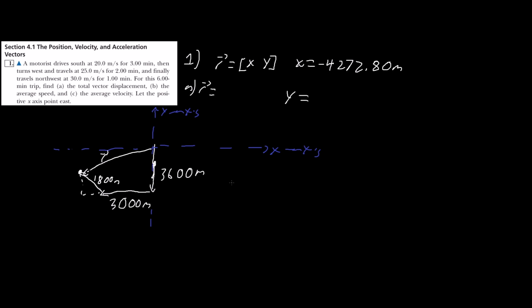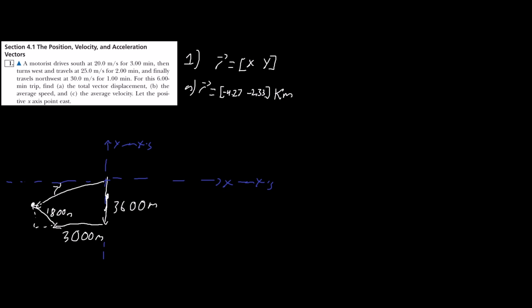I like to round it to decimal places, but you don't really have to round it that far, to be honest. Minus 2327.21 meters. So I'm going to convert this to kilometers. I'm going to write my final result as the vector R being negative 4.27 and negative 2.33 kilometers. And there we go.